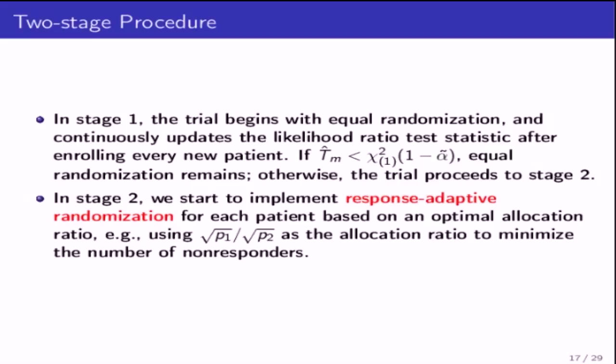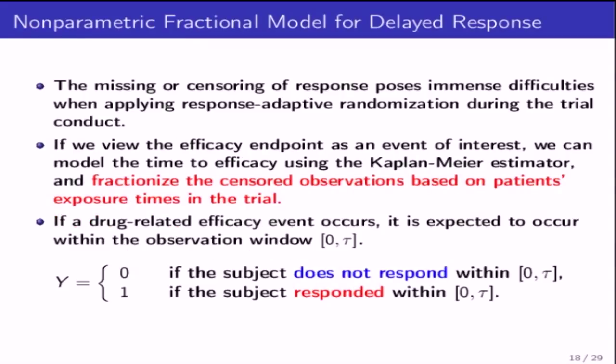That's stage 2. In stage 2, we start to implement response adaptive randomization, and you can either use Neyman allocation, or use square root P1 over square root P2 to minimize the number of non-responders. So the idea is very simple. We simply apply this likelihood ratio test, trying to examine how different the two arms are.